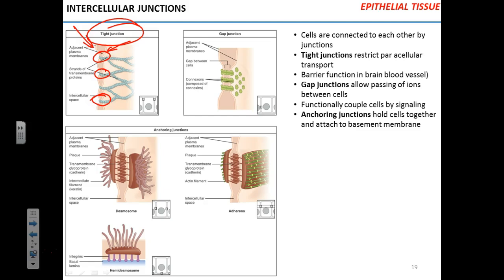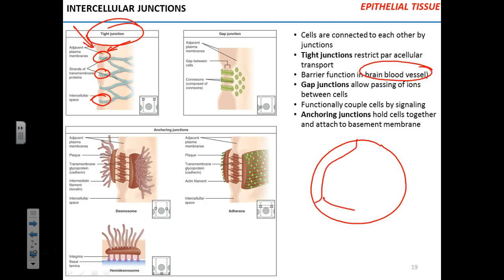You can find the tight junctions connecting epithelial cells that line blood vessels of the brain. If you look at the blood vessel, on the inside, the part that faces the lumen is of course lined with epithelial cells. Those are nuclei. Does that make sense what I'm picturing here? It's the cross section of the blood vessel.